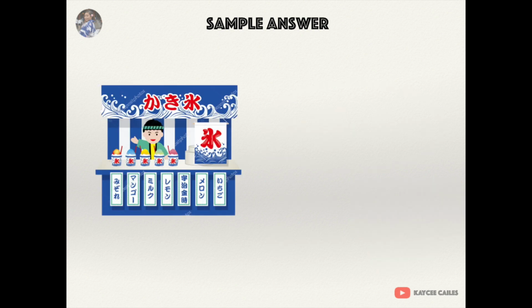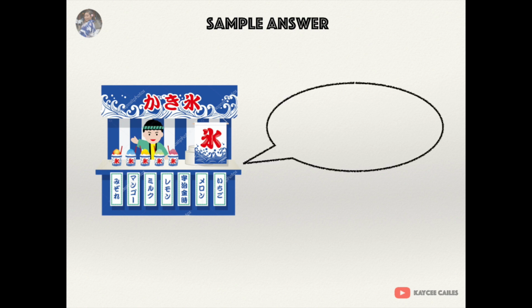Lastly, let's go to seller number 4. And he is selling kakigori. This is a Japanese shaved ice dessert flavored with syrup and condensed milk. Seller number 4 said that the price of kakigori is ichiman roppyaku en desu.